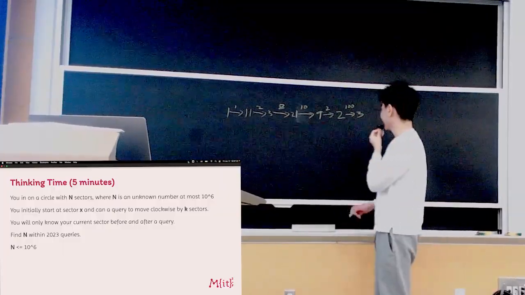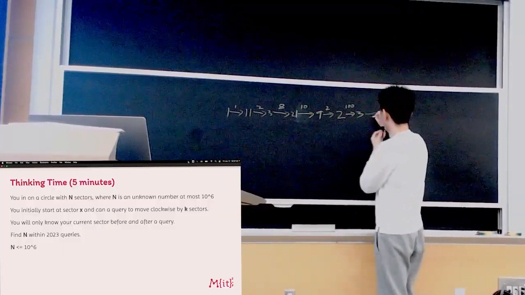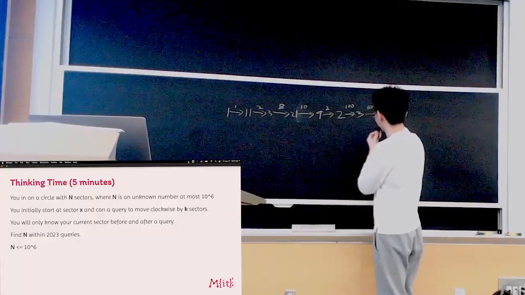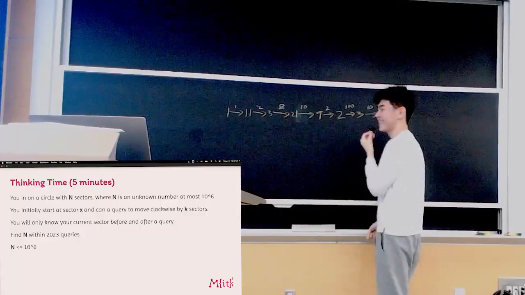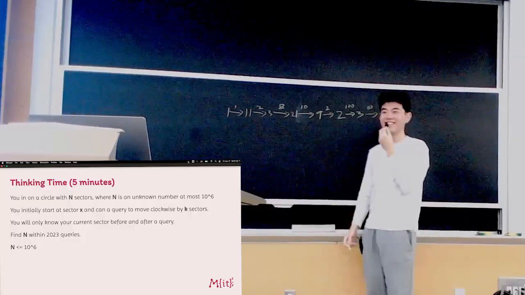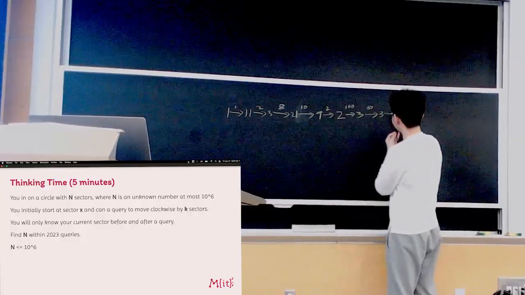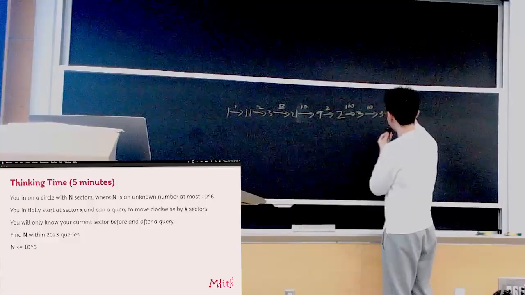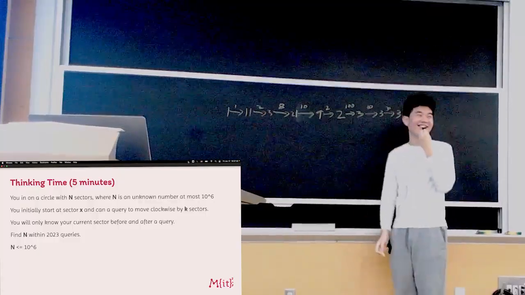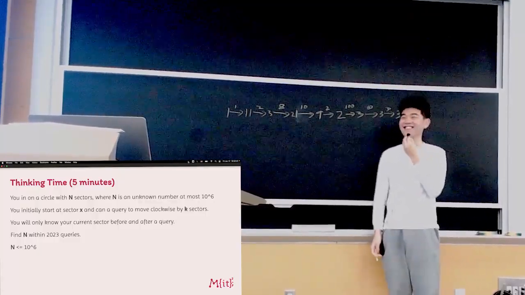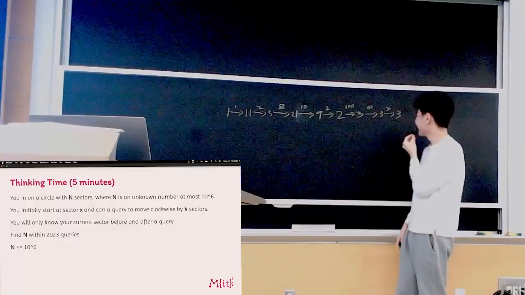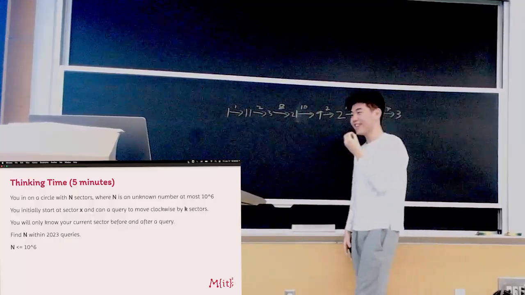Okay. So back at 3. 30. You end up back at 3. Can anyone guess what n is now? Yeah, it's 30. 21 was a blunder.